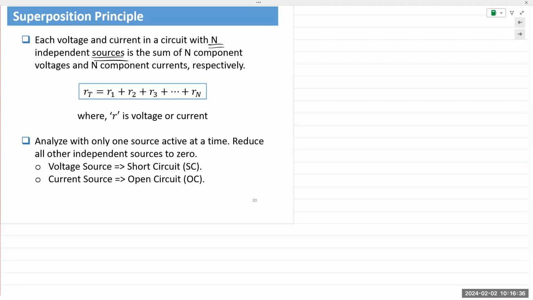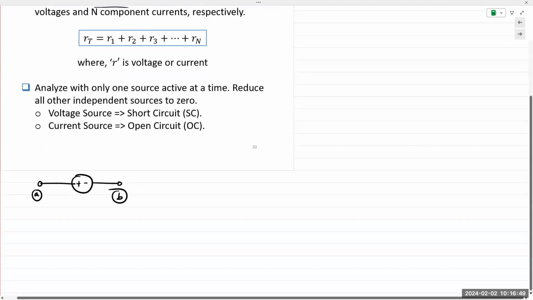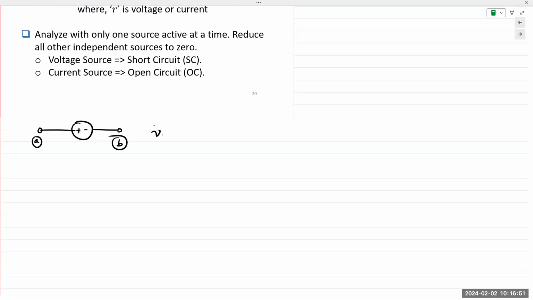If you have a voltage source in a circuit, doesn't matter where it's connected. Let's say this is A and B. VAB is the value of that voltage source. Let's call it Vs.